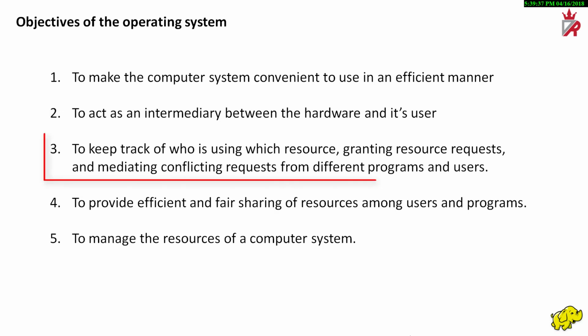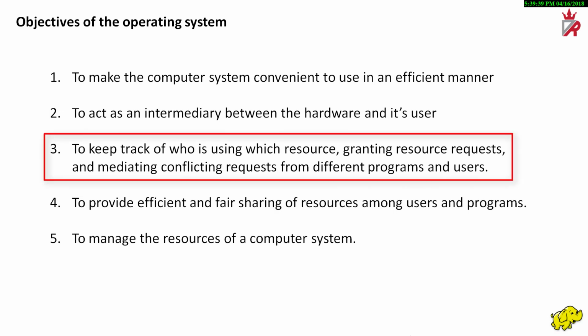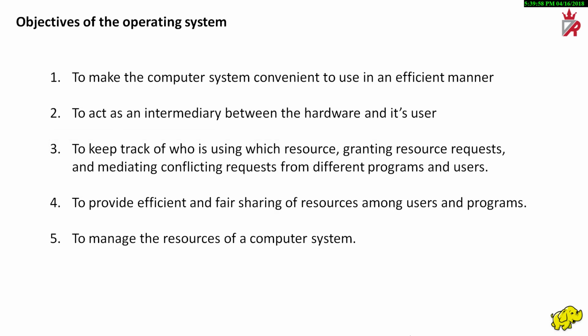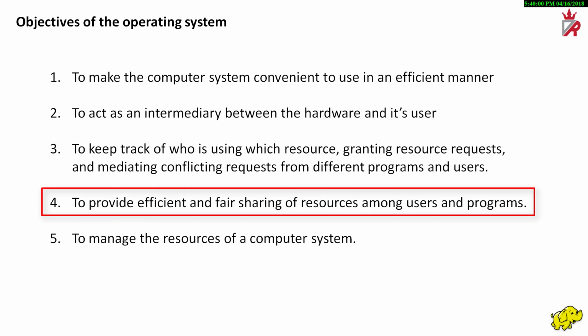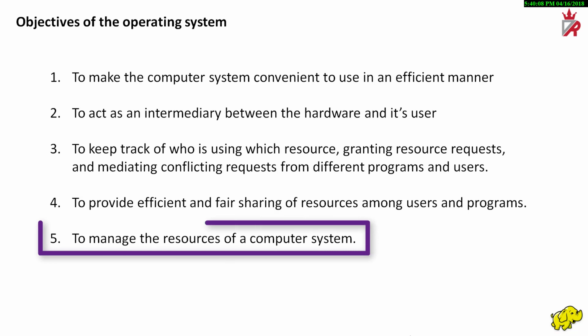To keep track of who is using which resource, granting resource requests, and mediating conflicting requests from different programs and users. To provide efficient and fair sharing of resources among users and other programs. To manage the resources of a computer system.